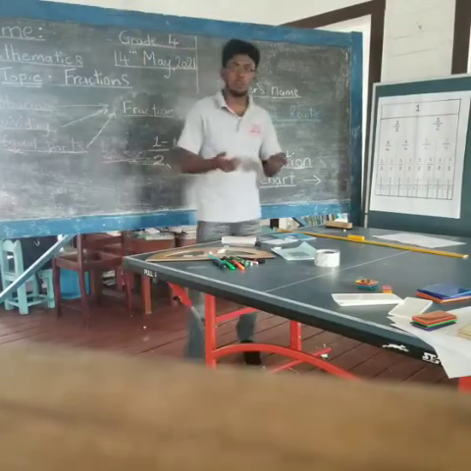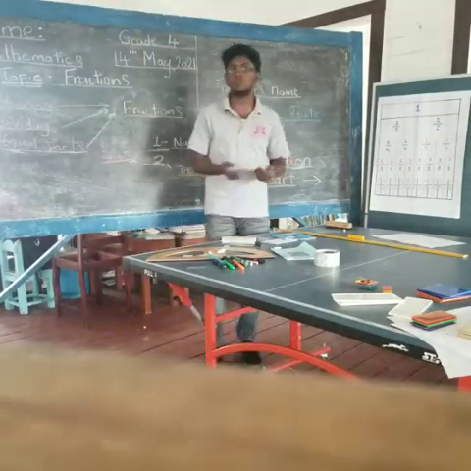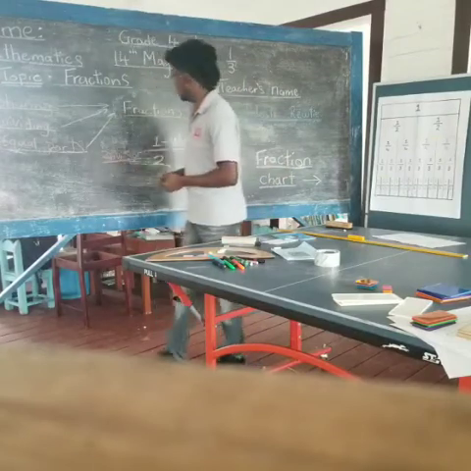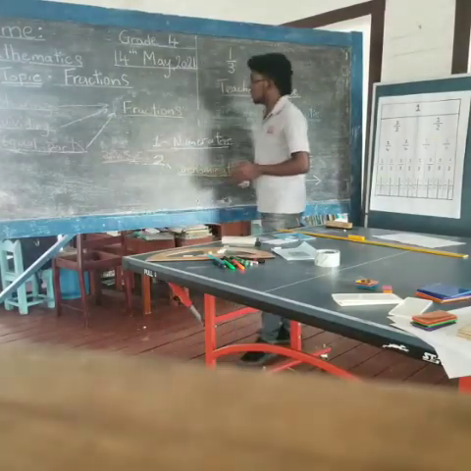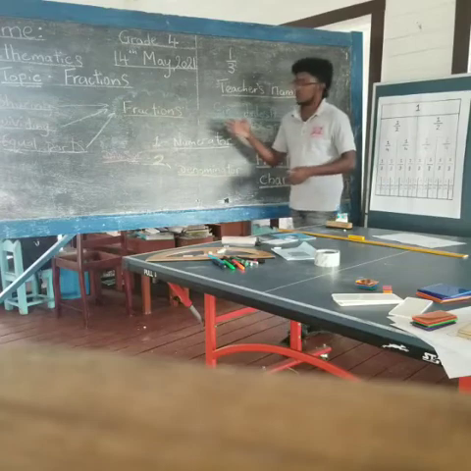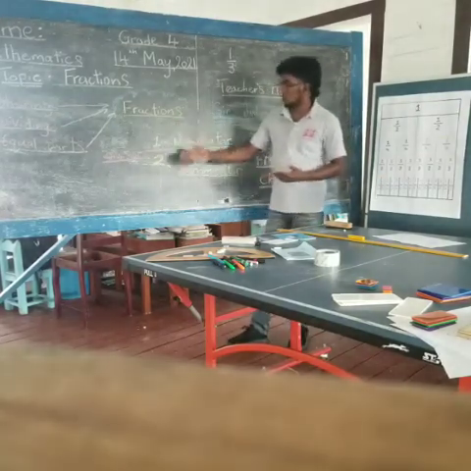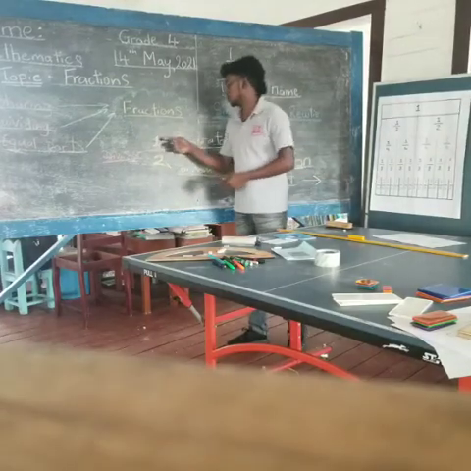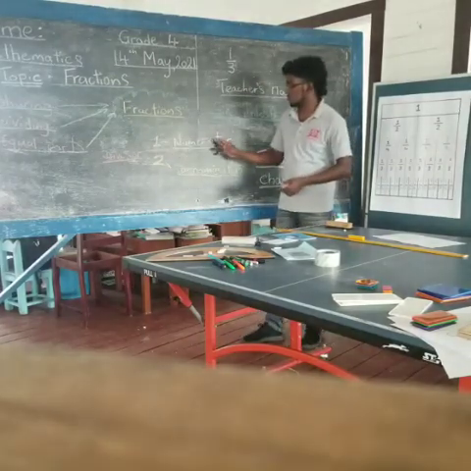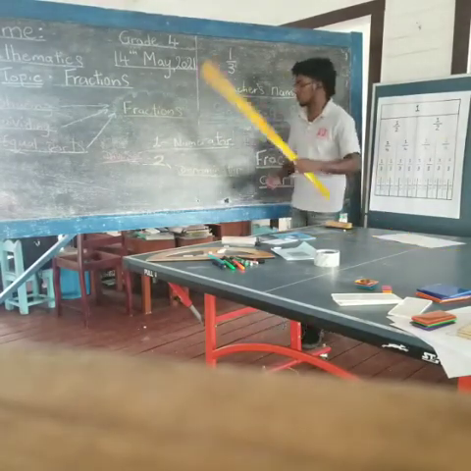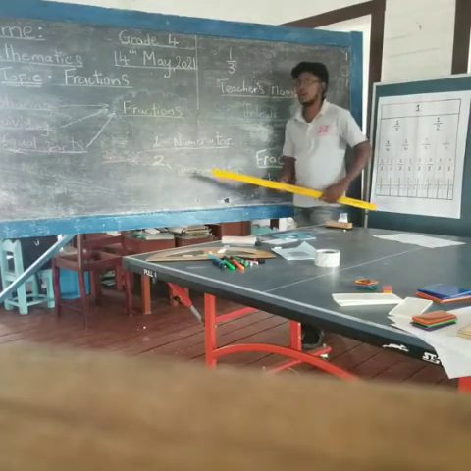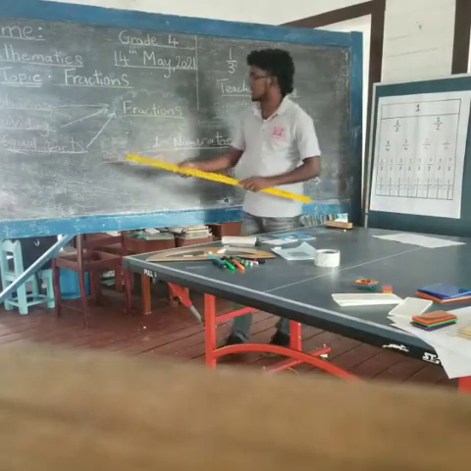Each part is called a fraction, and you divide them from a whole. Very good. And we learned that the fraction itself has parts: upper, lower, and the middle. So the top number is called numerator, the bottom number is called denominator, and the line in the middle is called divisor.